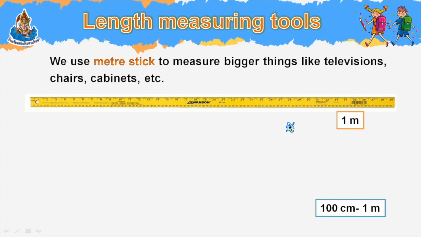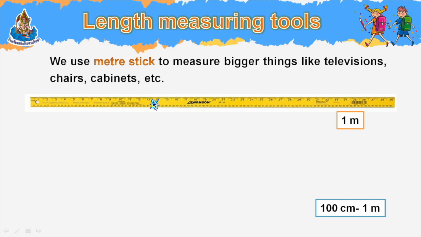This is 100 centimeters long. And if we convert that, it will become 1 meter. 100 centimeters is equal to 1 meter. That's why this is called a meter stick, because this is a 1 meter stick, right?